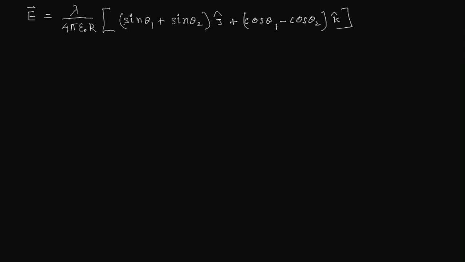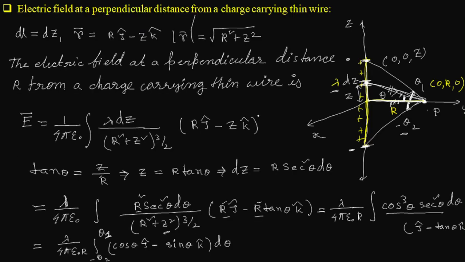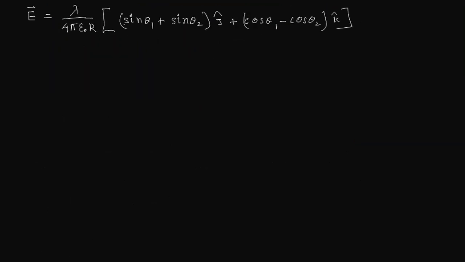Now, mainly in exams, the question asks either for a semi-infinitely long or infinitely long wire, or if it is a finite length wire, most of the time it asks what will be the electric field on the perpendicular bisector of this wire. So let me write down the electric field for these three cases.